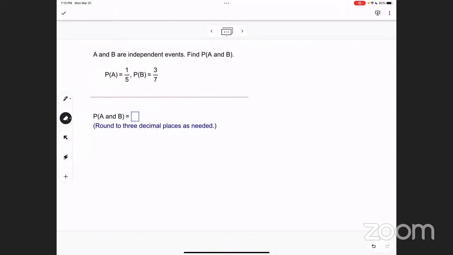But yeah, this one is just multiply them together, because they are independent. If they were not independent, you would have to find the probability of A given B first.